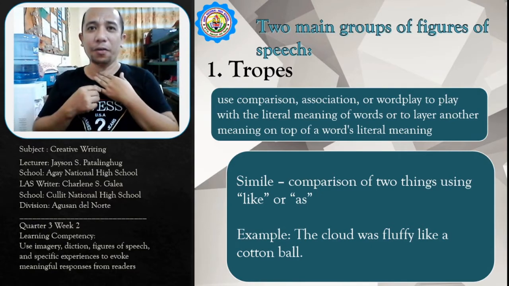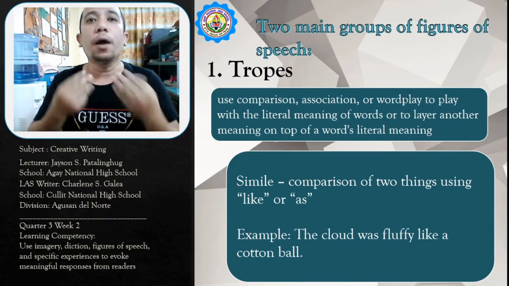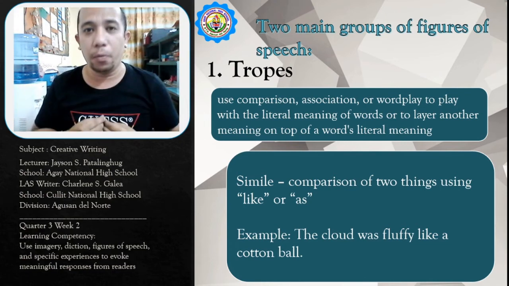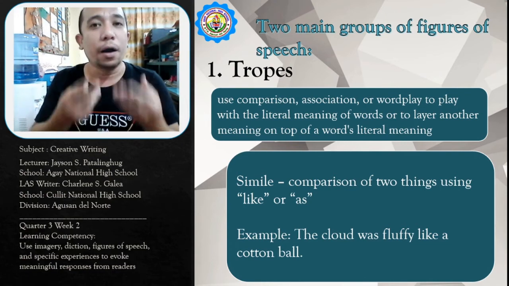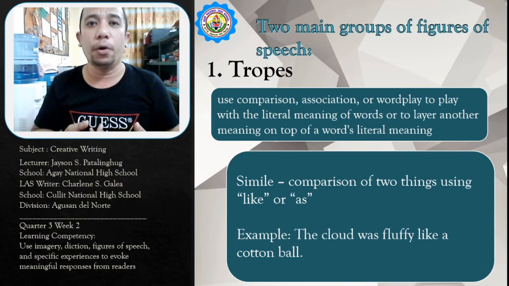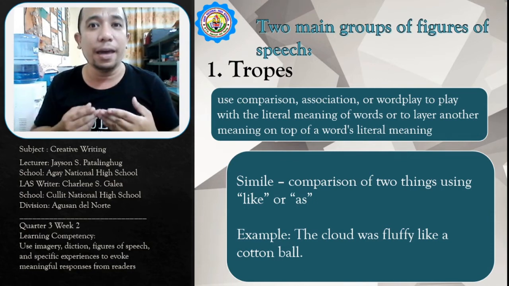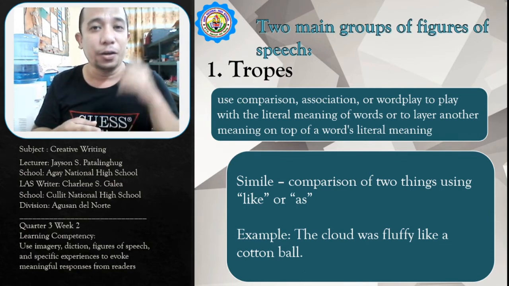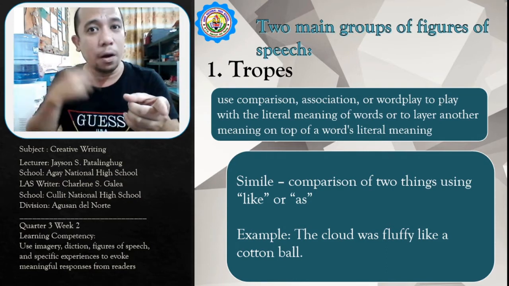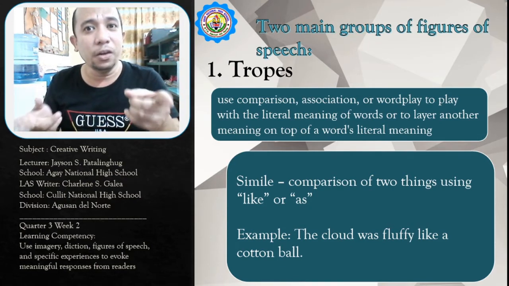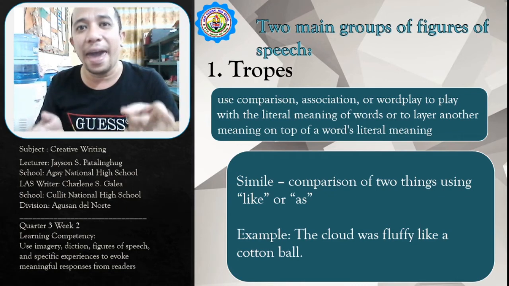Okay? To give you another example, I'm going to say, you are beautiful as a flower. There are two words that I am comparing there. First, you, then the other one is flower. They are being compared using the word as.